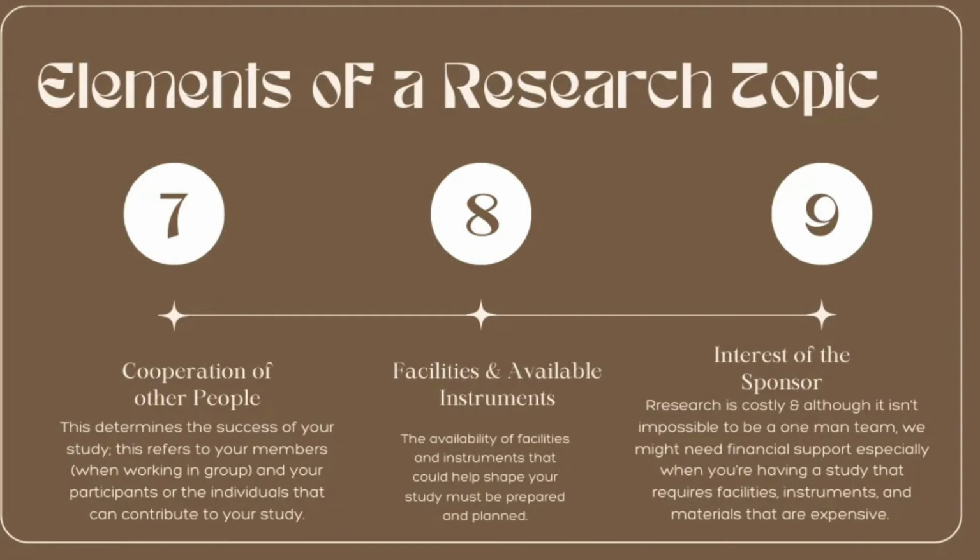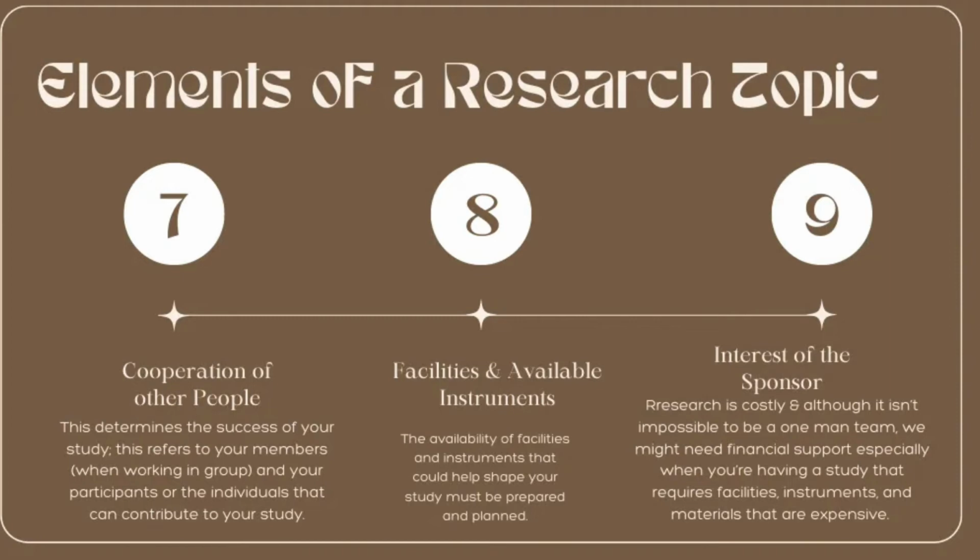So remember, when choosing a research topic, you have to make sure nga ang imong study is within reach, right? So the same thing as in number 7, dapat before ka mo choose og research kay dapat imo na lang may imagine ang mga tao nga participate.